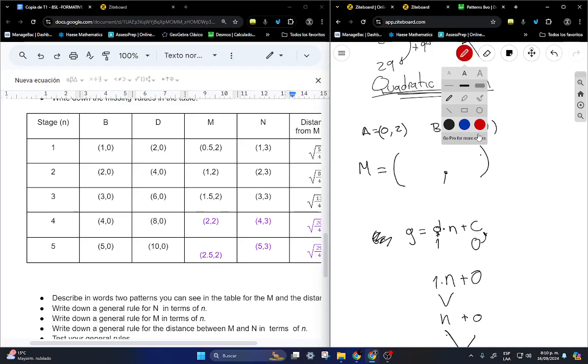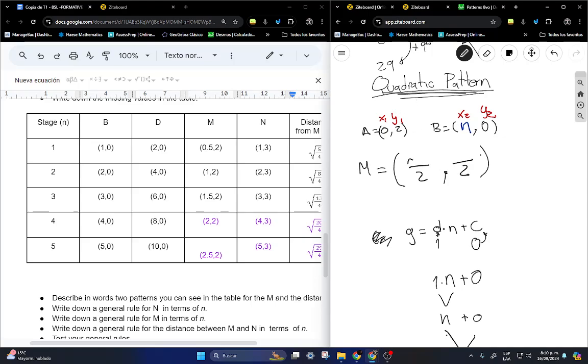Look at it. And since we also want to find the general rule for M, which is the midpoint between this and this, we can just basically replace in the formula. Let's call this x1, y1, x2, y2, and let's replace. And then try to simplify as much as possible.